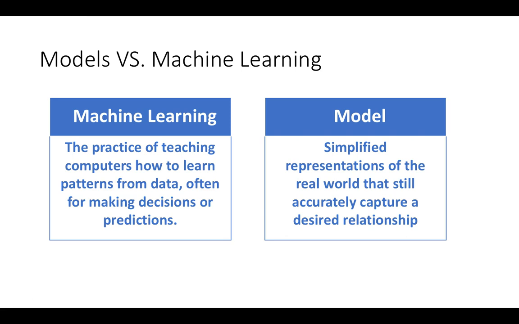A model is a simplified representation of the real world that still accurately captures a desired relationship. That is how we have defined a model. So what is this simplified representation? It is the relationship that exists in any data set between the input features and the target variable. A good model should accurately capture the desired relationship in as simplified a representation as possible.